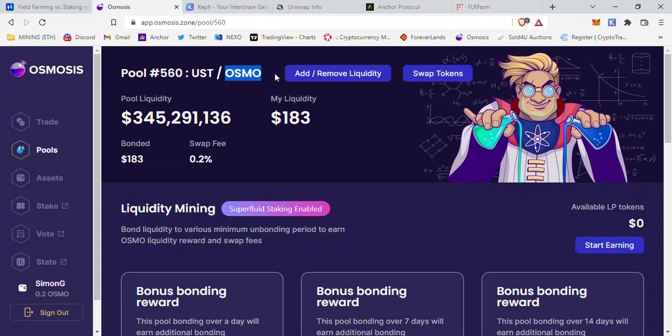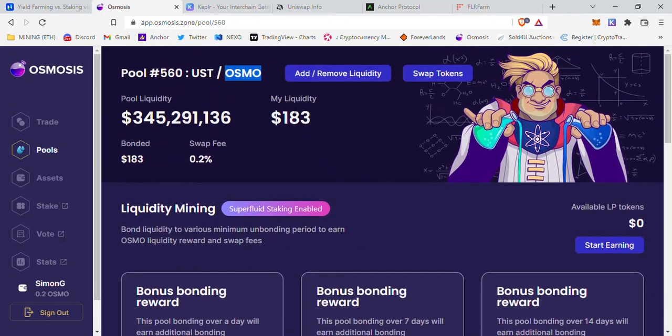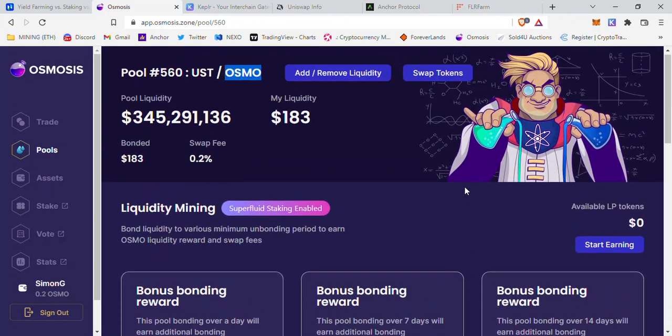So impermanent loss is, maybe I earned $10 while I was in the pool, but if I would have just held my Osmo instead of entering this pool, I could have made $50, right? So that is where impermanent loss comes in. I may have done a bad job of explaining that, but it's something to look into. It is something you need to be aware of.